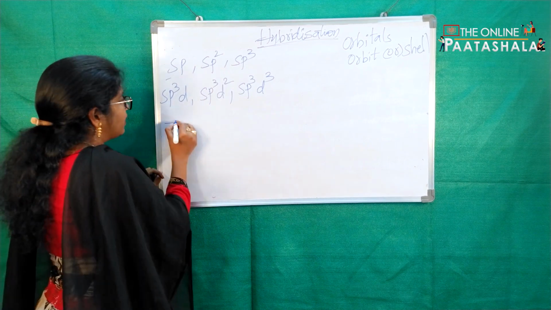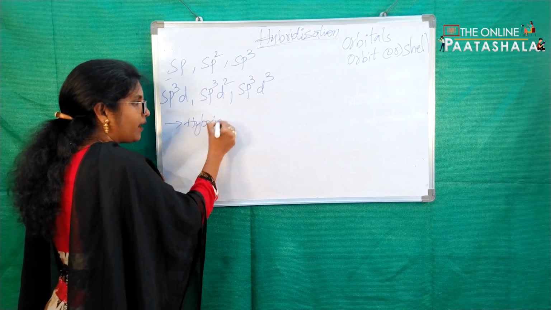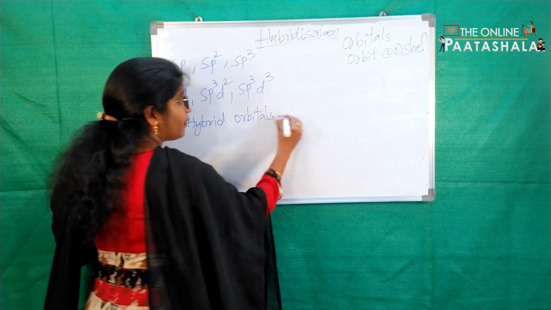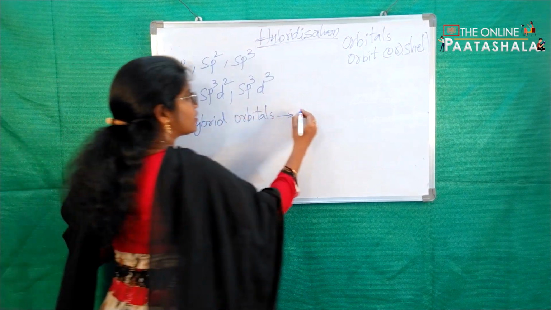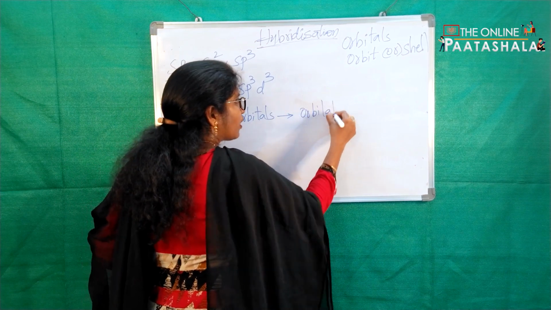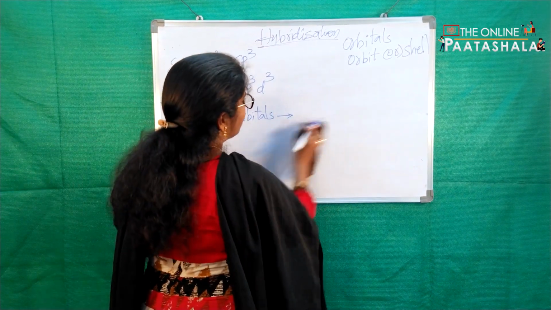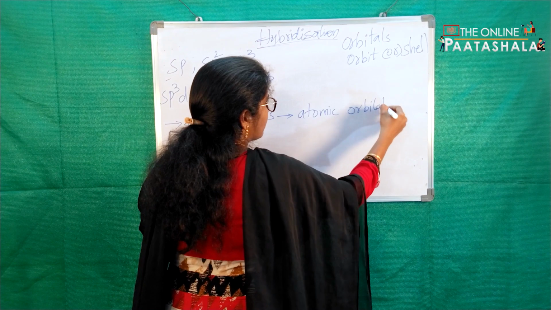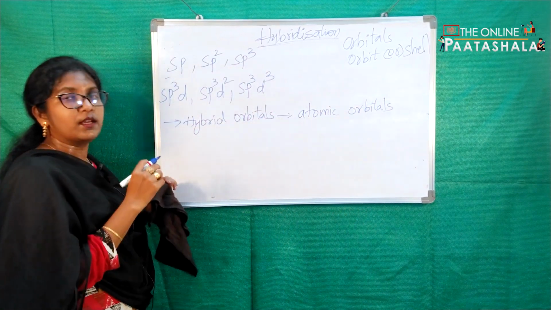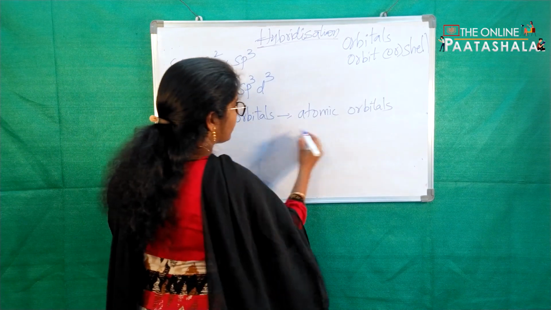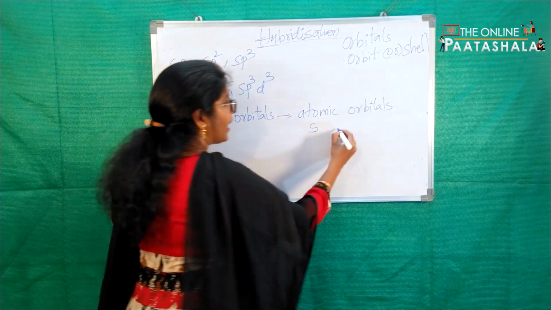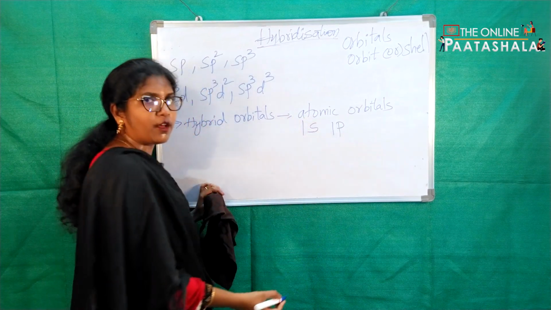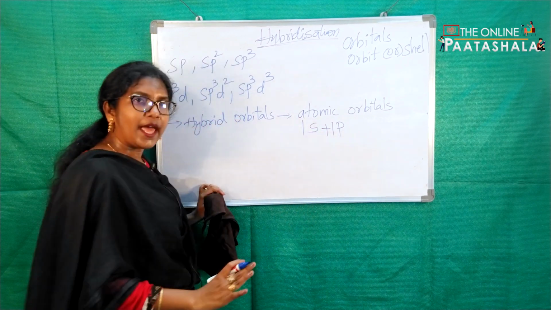We are saying that hybrid orbitals are formed, right? How many hybrid orbitals are formed? That will be equal to the number of atomic orbitals. That many hybrid orbitals will be present. Suppose one s orbital and one p orbital are undergoing hybridization.